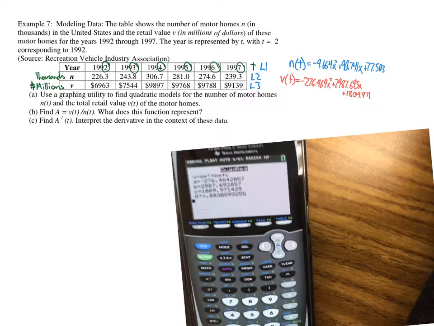Okay? Now, A of t, for sake of time, we're not going to do this, but you'd have to use the quotient rule to find A prime of t. What would that tell you, though? Yeah, that's what we just said. It's the value in millions of 1,000 of every 1,000 mobile homes.